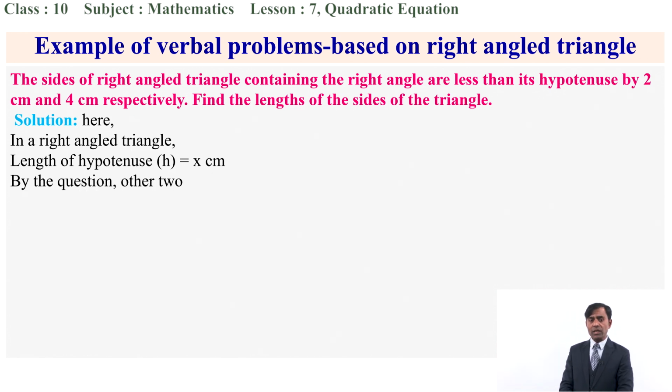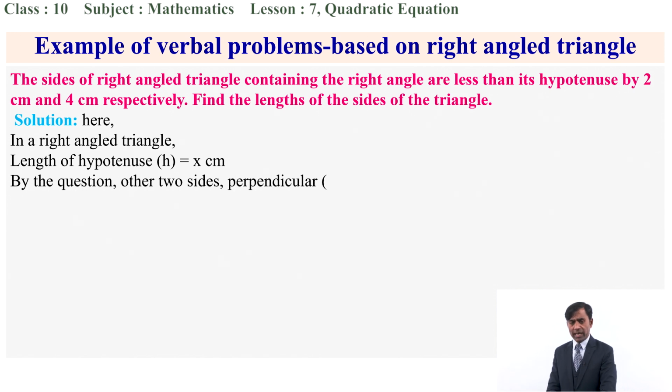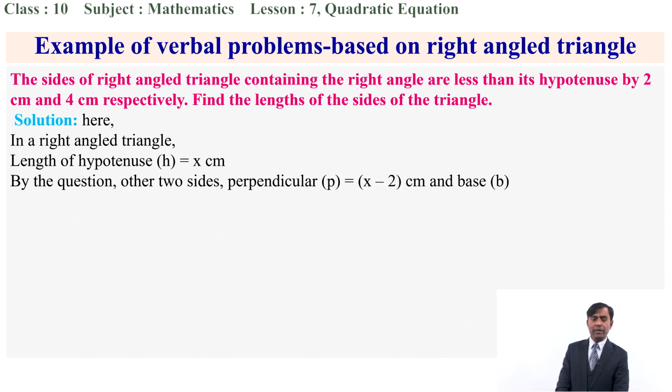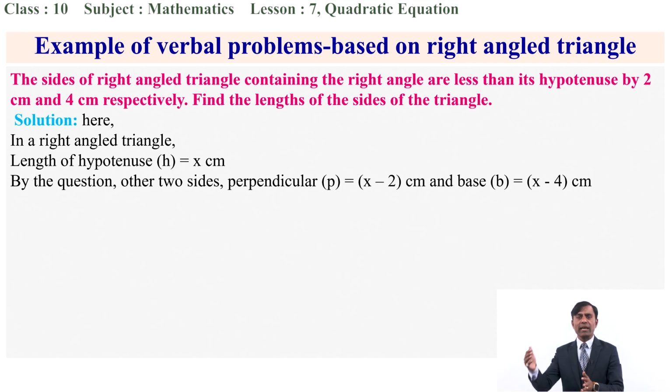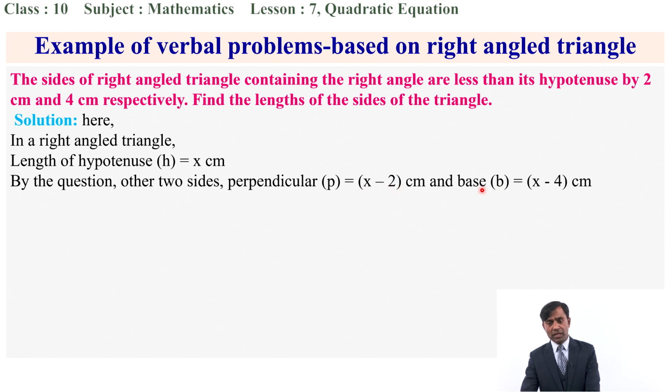Then by the question, the other two sides are: perpendicular P is equal to x minus 2 cm, because they are 2 cm less and 4 cm less than the hypotenuse. So one side, the perpendicular, is x minus 2, and the other side, the base, is x minus 4 cm, right?